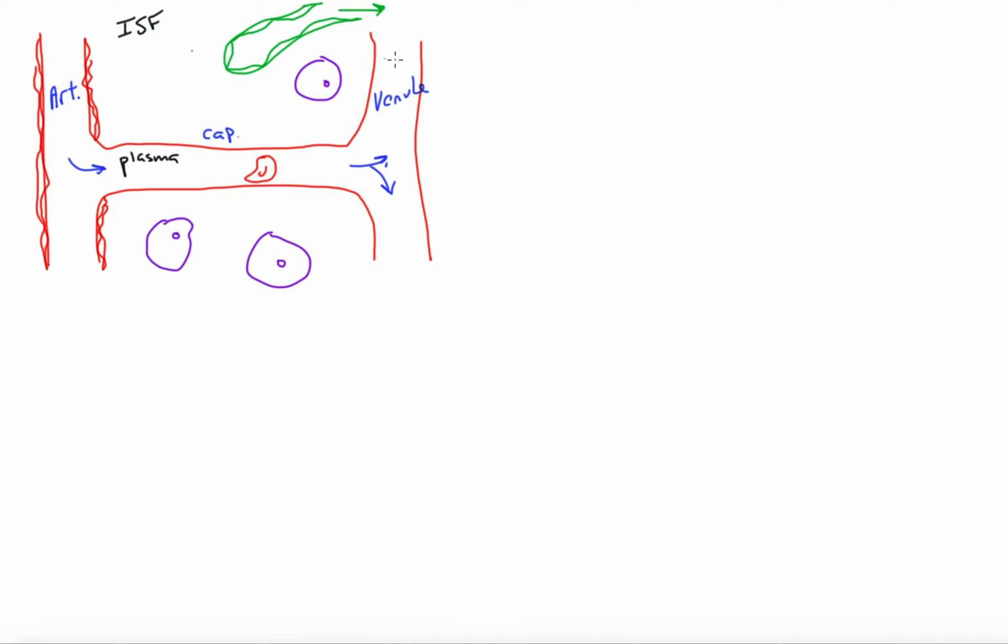I'm not trying to make this blood capillary and this venule look like they're connected. They are not. Okay, and of course that would contain lymph, right? Lymph is the interstitial fluid that's being picked up and carried within lymph vessels back to the blood. All right, we covered all that in that previous video.